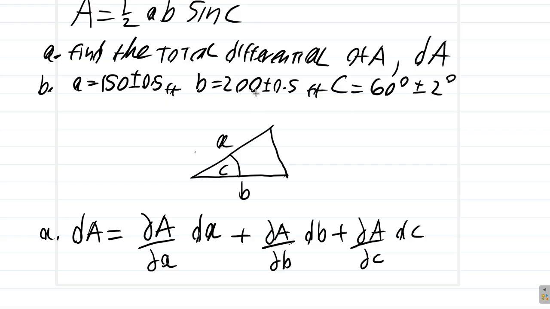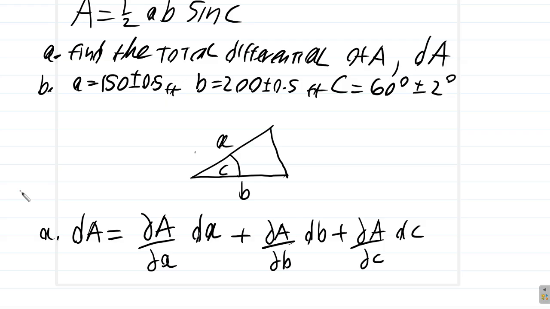And the error is plus or minus 0.5 feet, the margin of error. b is 200 plus or minus 0.5 feet. The angle C is 60 plus or minus 2 degrees.